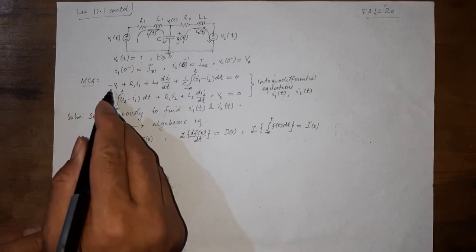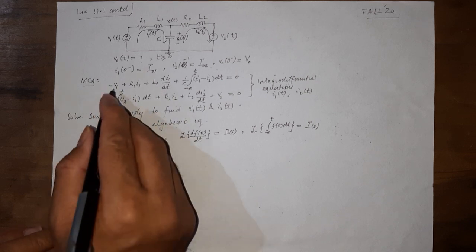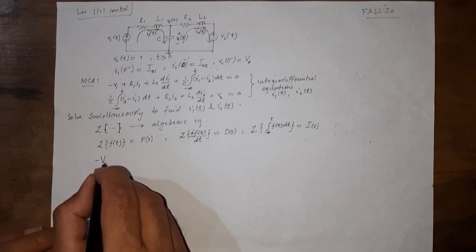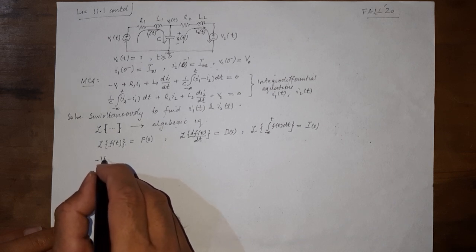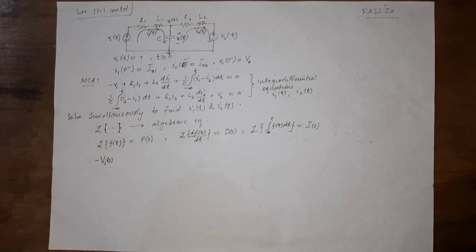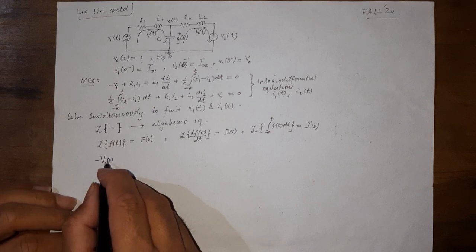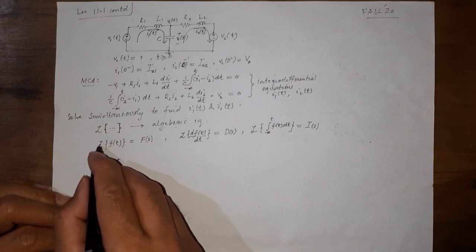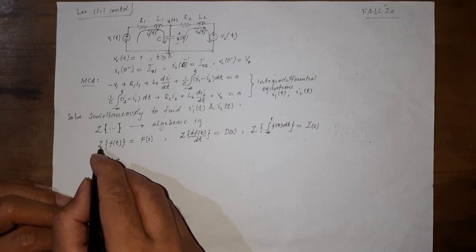So for example, minus v1 is going to become, because v1 is a function of time, minus capital V1. Say the capital V1 of s is a function of s now, not of time, plus, and let us say this is a linear operator.